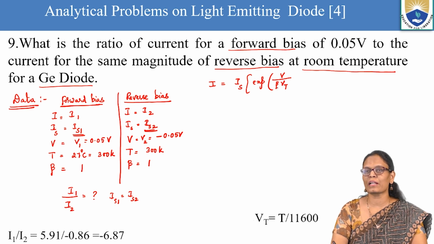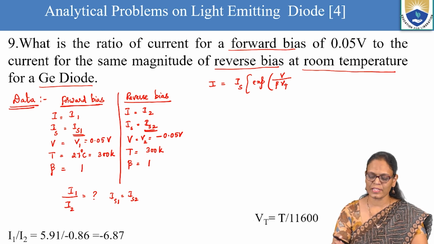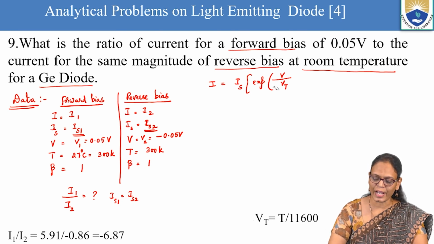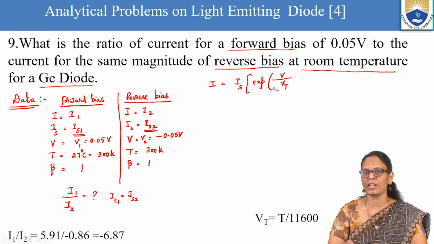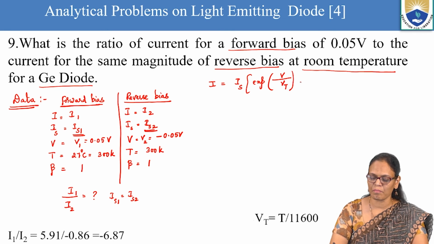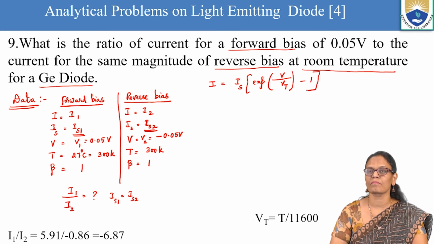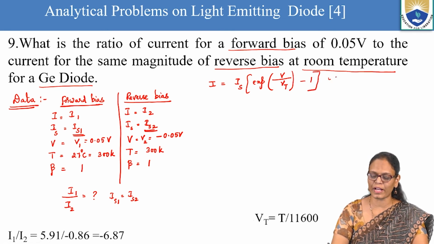Since beta is equal to 1, I can simply write it as exponential V by Vt minus 1. So we have just simplified the formula, substituting the values.